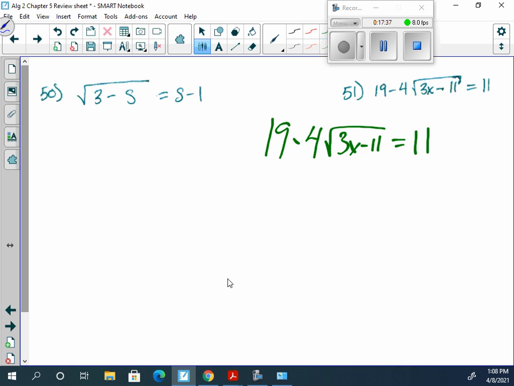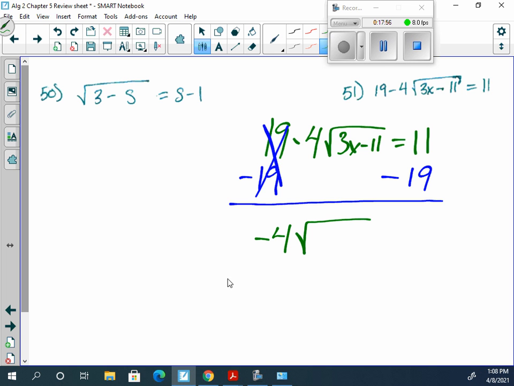So if we're looking at 51, we need to get the radical by itself first. Well, what's the first thing we can do? Subtract 19 from both sides. The 19 and 19 will cancel. And that leaves us with negative 4 square root of 3x minus 11 is equal to negative 8.